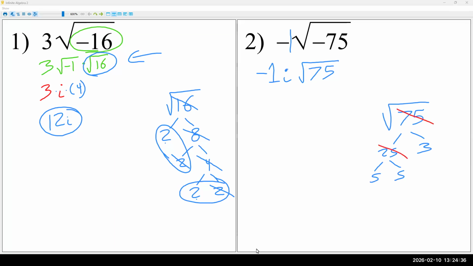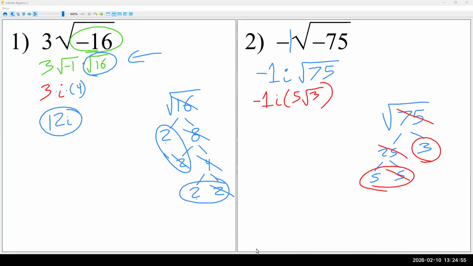I have a pair of 5s, 1 dice. So up here I have -1. I have a 5, but notice this little 3 right here all by itself is still inside. So I end up with that right there.